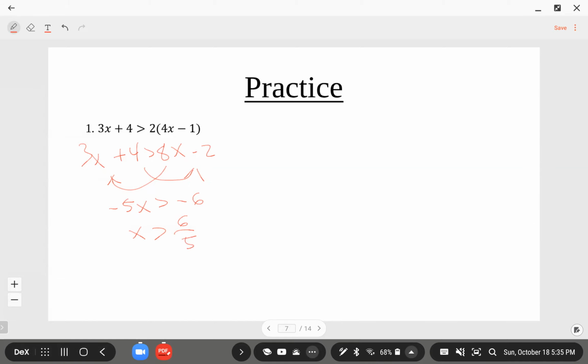And you got x is less than 6 over 5, right? And you are correct. So I purposely made this mistake to see if you guys caught this. This is a negative 5, and what I said about negatives, when dividing by a negative, you have to change the sign. And I'm sorry I didn't mention earlier, but when you're multiplying by a negative, you also have to change the sign. Okay, I forgot to mention that. When you're multiplying by a negative, you also have to change your sign.